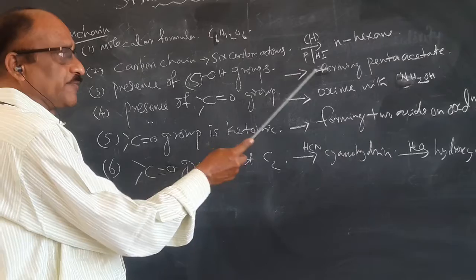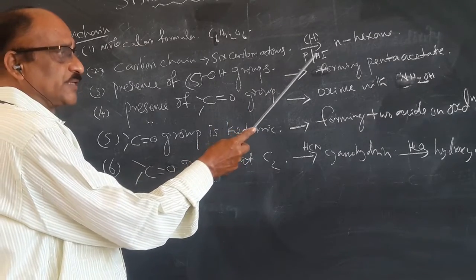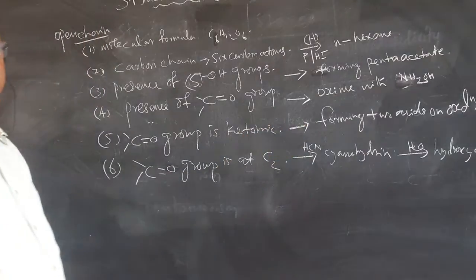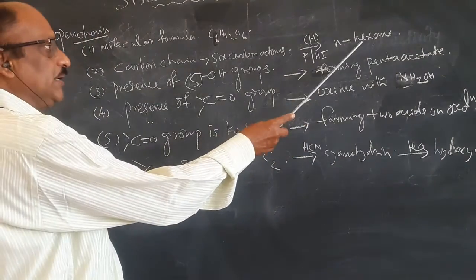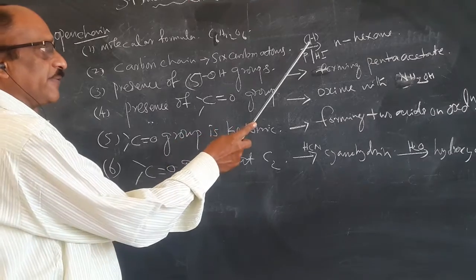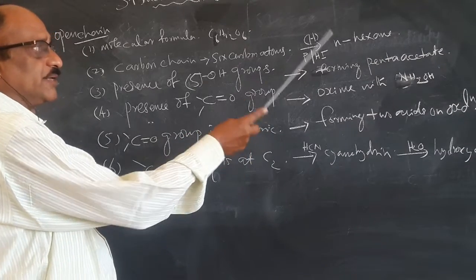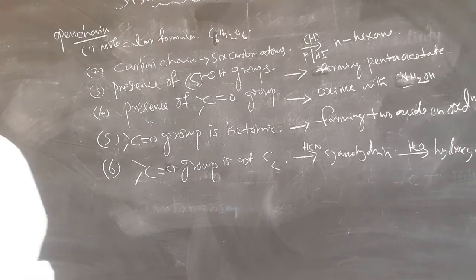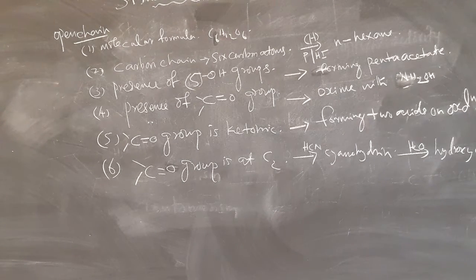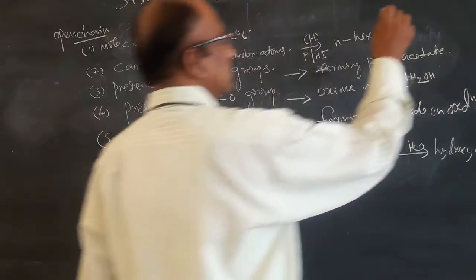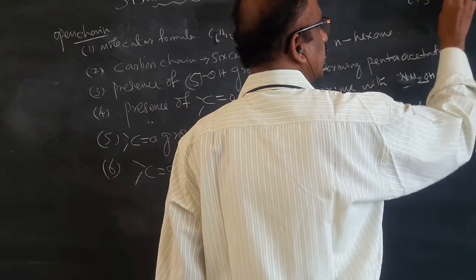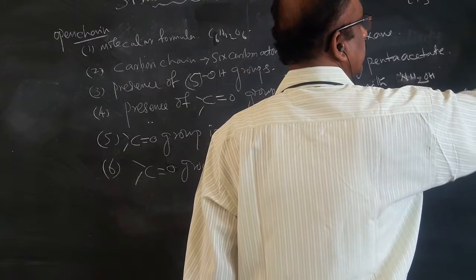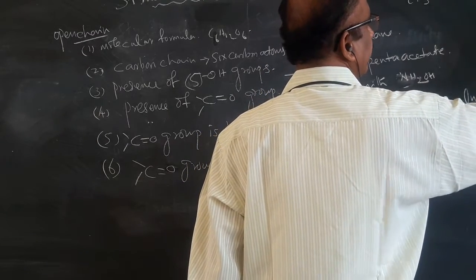molecule. If you reduce the fructose molecule with phosphorus and hydrogen iodide, you get normal hexane. Normal hexane is formed from the fructose molecule on reduction. Normal hexane can be written like this, which you know: CH3, CH2, CH2, CH2, CH2, CH3.